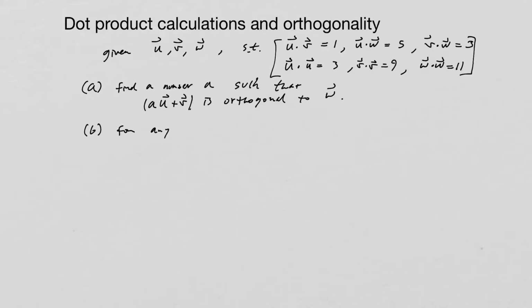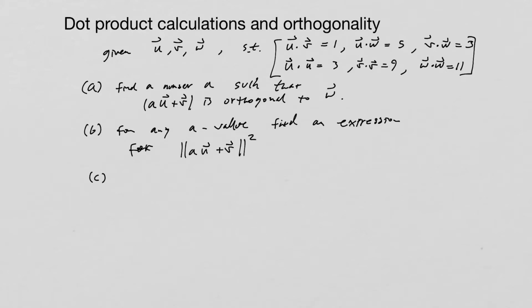Okay, B, for any A value, find an expression for A times U plus V in magnitude. We're going to do magnitude squared. Okay? All right, good.